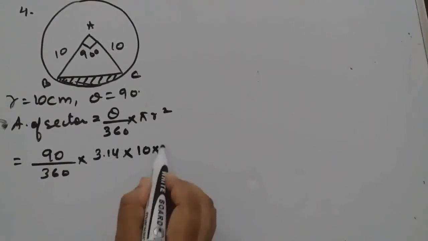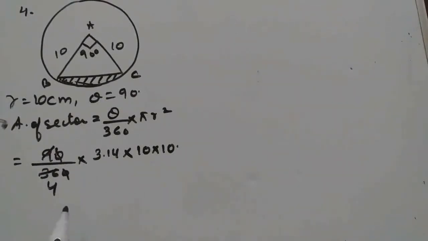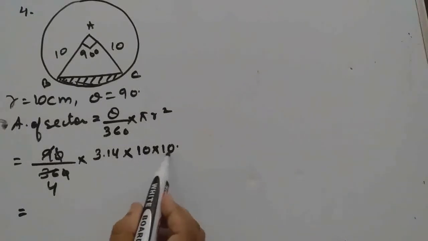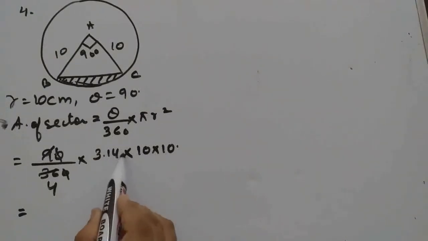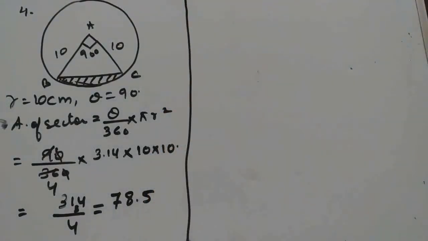R is 10 into 10. So this will go 9 4s are. Now see here, if we multiply this with 100, so decimal will shift. So finally answer we will get 314 by 4, which will give 4 7s are 28. 3 will remain, 4 8s are 32, 2 will remain, 4 5s are 20. So 78.5 centimeter square is the area of sector.